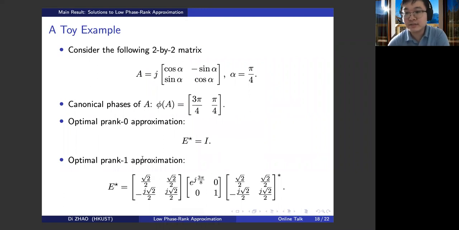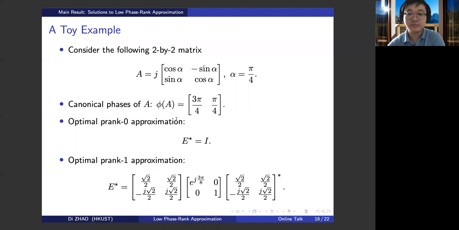Let's see a very simple example. This matrix A is given like this. It's a complex matrix, because here we have J as a purely imaginary number. And we know the canonical phases of matrix A are 3 pi over 4 and pi over 4. They are all positive.